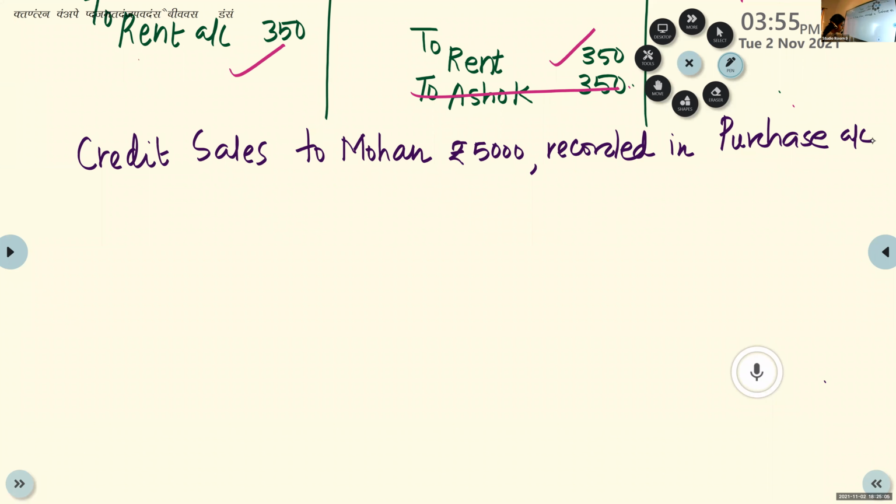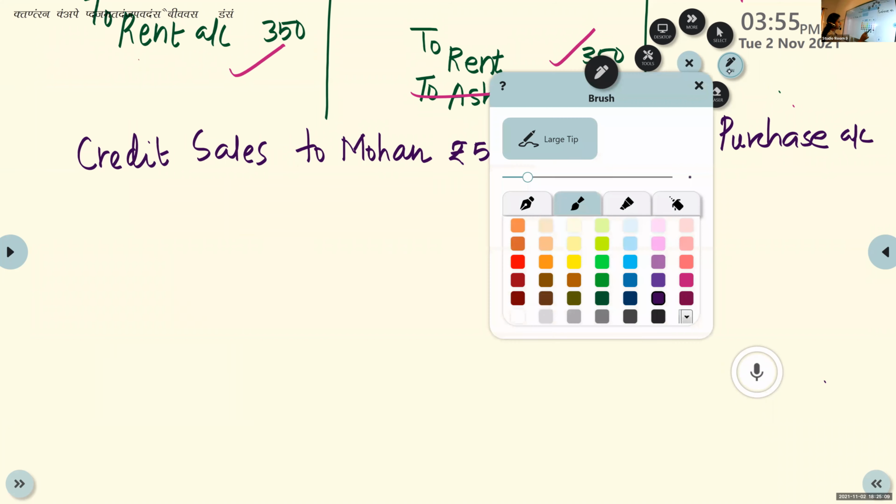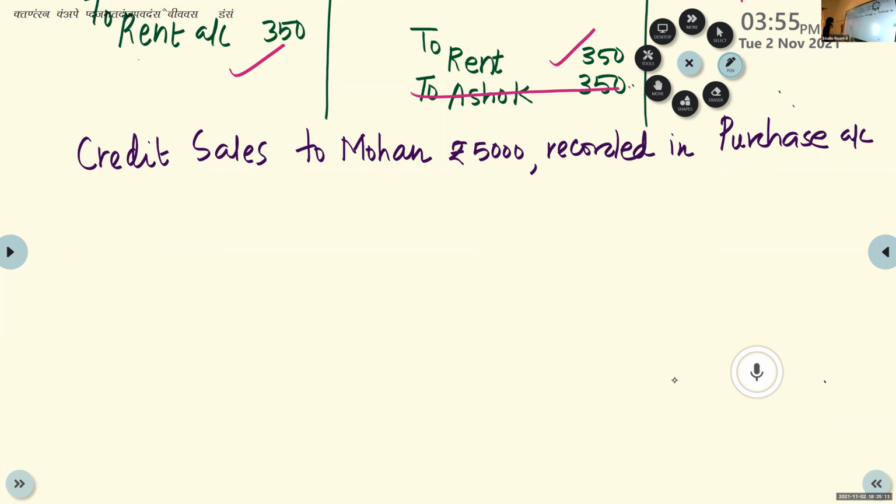What is the correct entry? Pavitra? Credit sales to Mohan rupees 5,000. That is the portion to be journalized. So what is the correct entry, Pavitra?